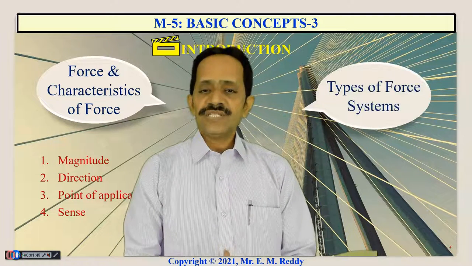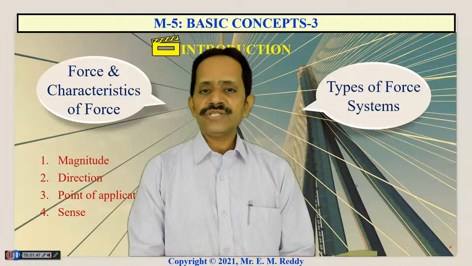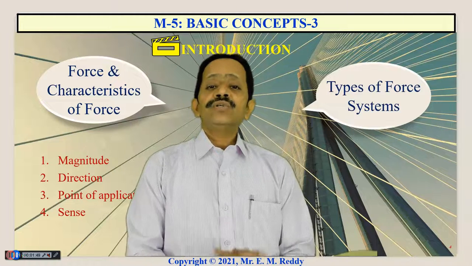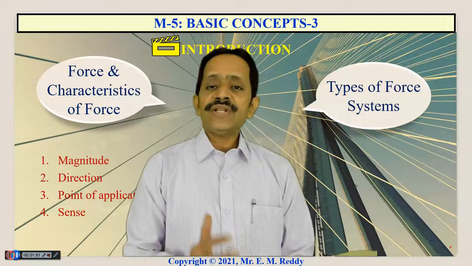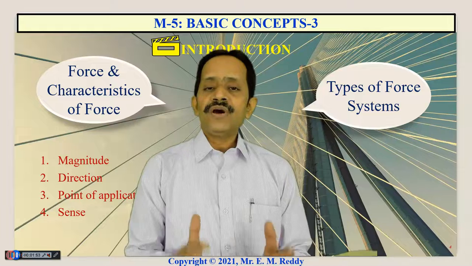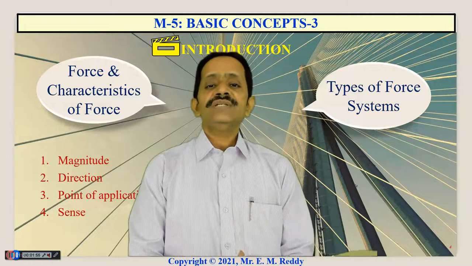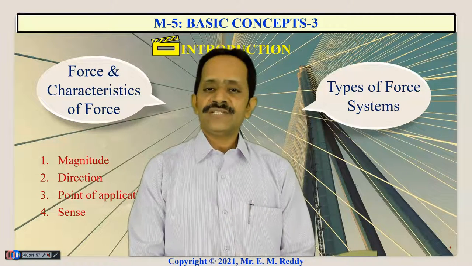Types of force systems. What is a force system? When two or more forces are acting on a body, then the group or collection of those forces is known as a force system.